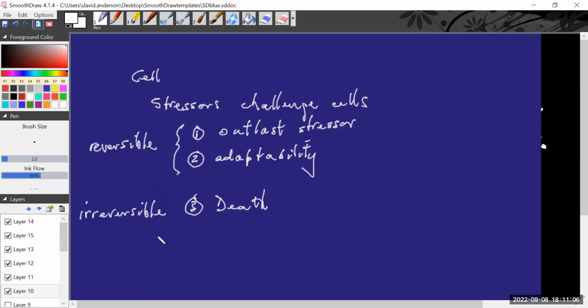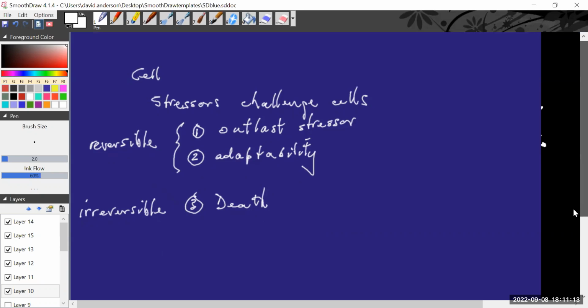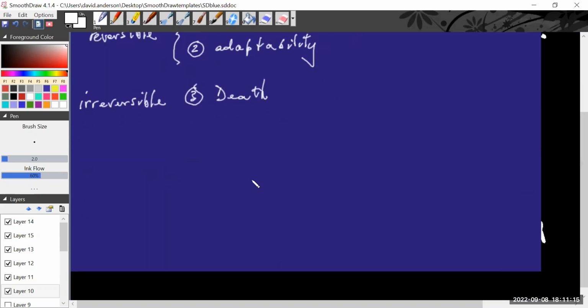So what do we look for when a cell is being challenged? What sorts of things is a cell going to demonstrate that might indicate that it's in trouble? So we're looking at indicators.